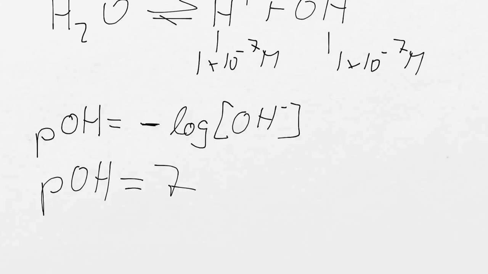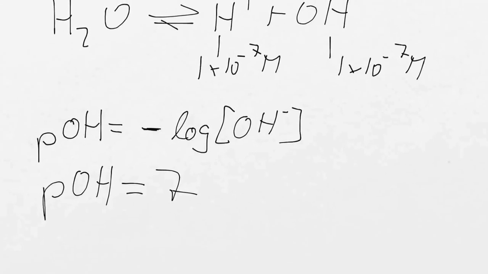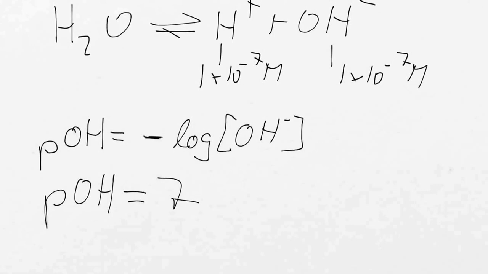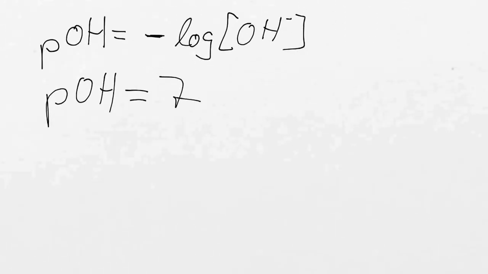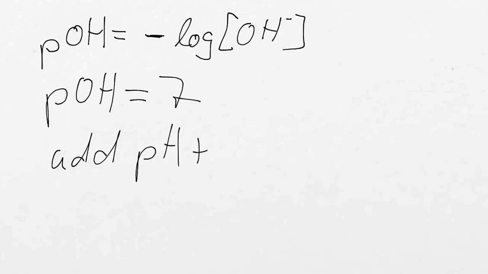Now, what you can do is actually something quite funny. Well, at least a chemist would see the funny point of that. What you can do is add up pH plus pOH. It gives you 14.